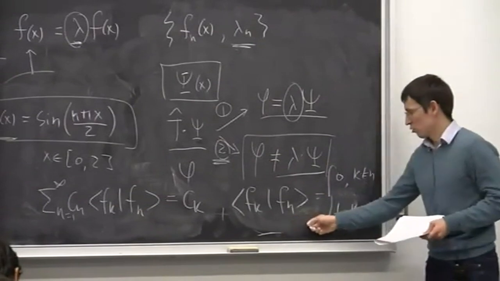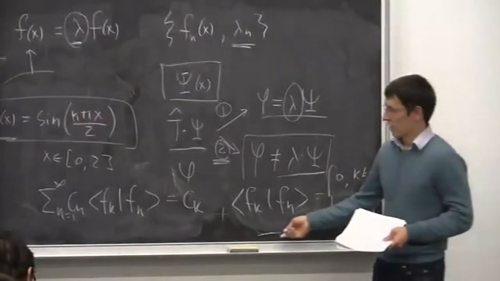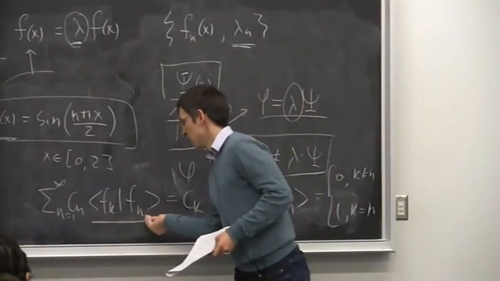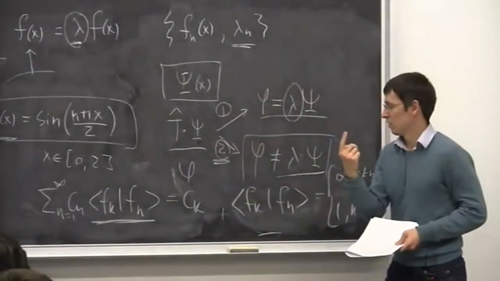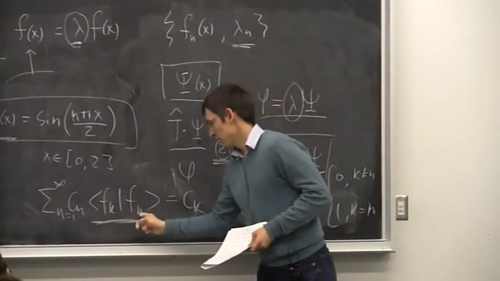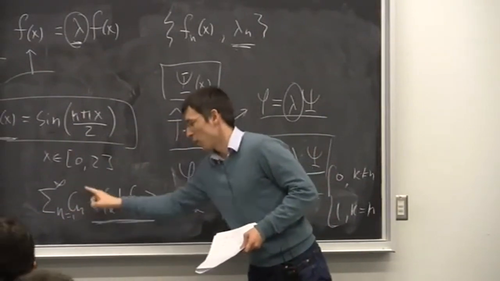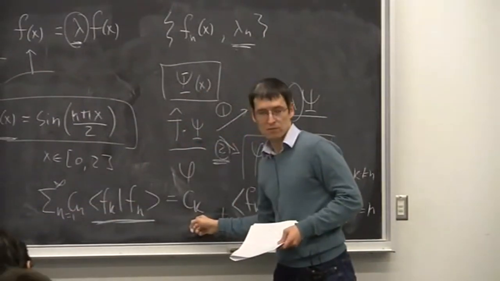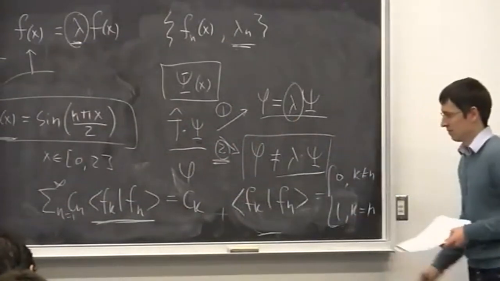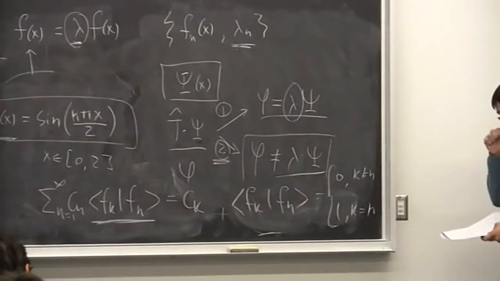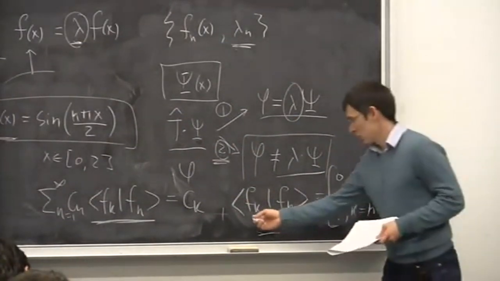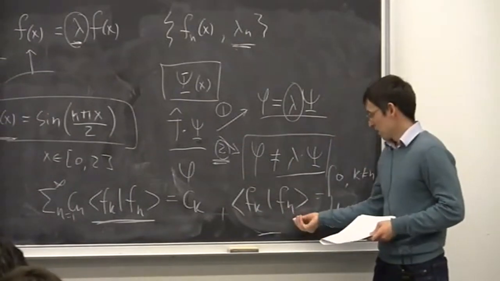Right? In such a situation, in this sum, you get only one term when n is exactly equal to k, and that will single out one coefficient for us. Okay? And in all other situations, we will just get zeros.